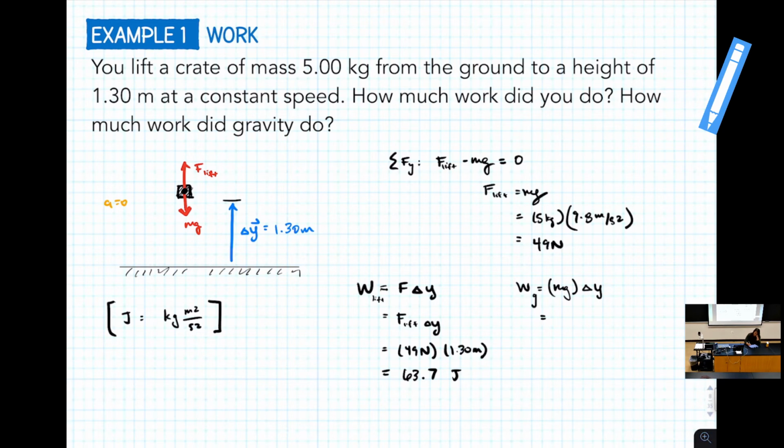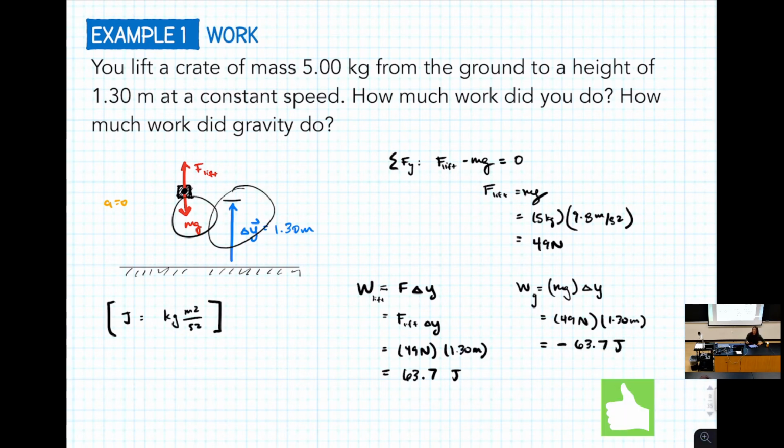In this case, we still have 49 newtons times 1.30 meters, but this is going to give us a negative 63.7 joules because we know gravity points down while displacement points up, okay? So that's how we use work in our problems.